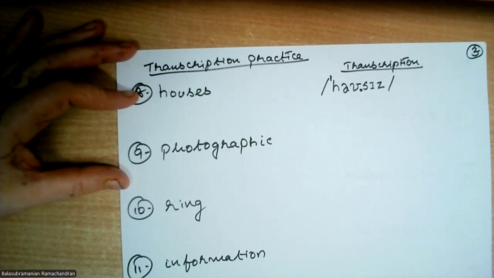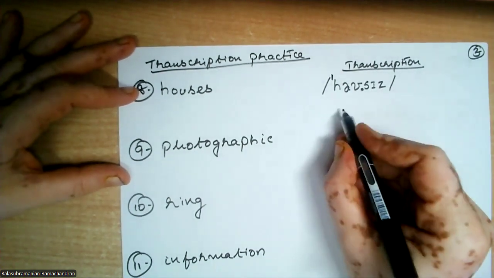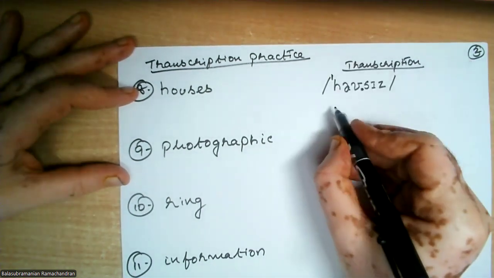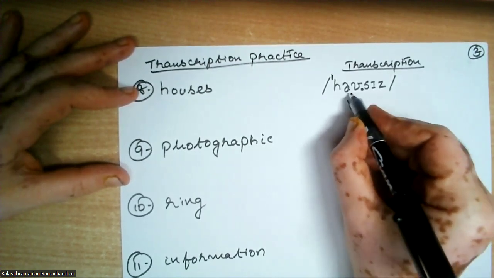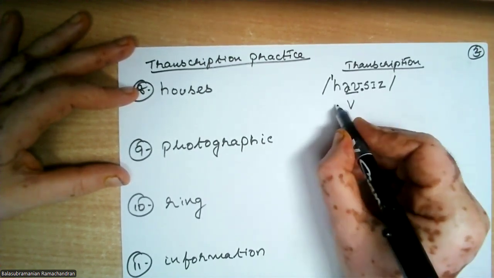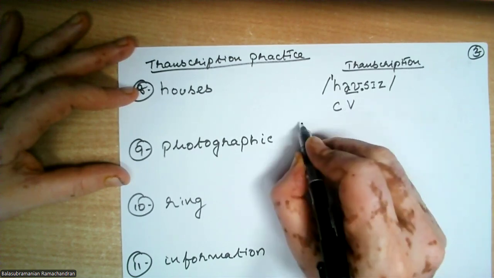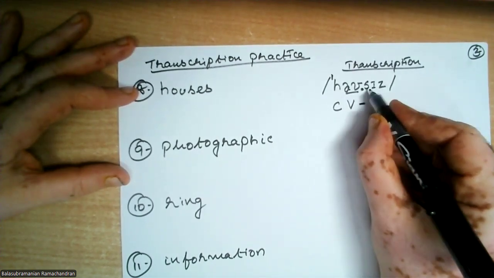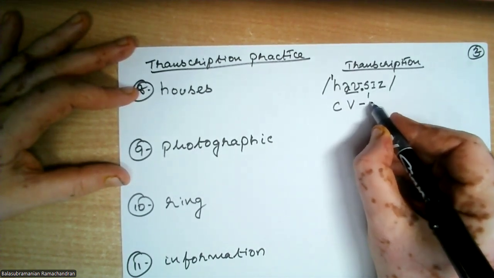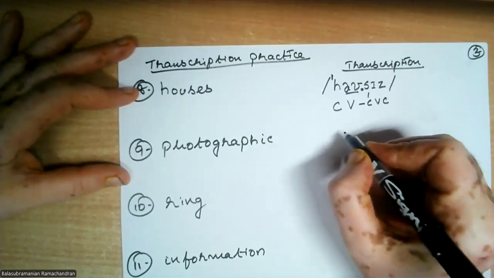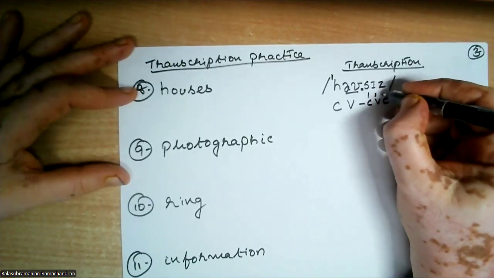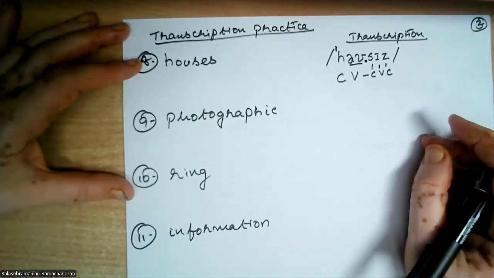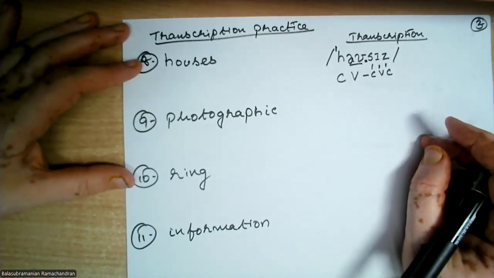After that comes the syllable boundary, and you have another syllable, ziz. All right. So again, if you look at the syllable structure, you have V here. That's the vowel sound. So this syllable has CV structure. And this syllable has the CVC structure. All right, people. Shall we move on to word number 9?